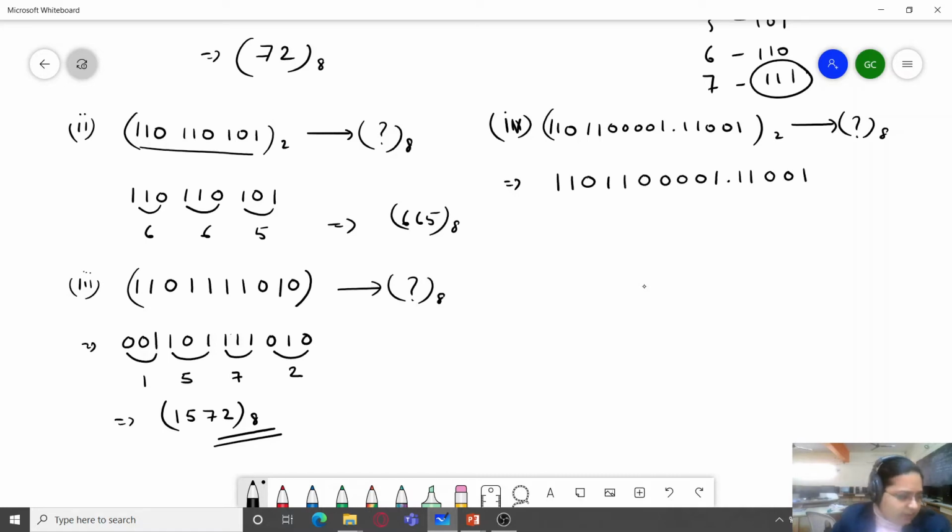And let us start pairing the numbers. Again we have a leading one, so we will add two zeros this side. So this grouping was from right to left. Now because we have a decimal point here, the grouping for the decimal part would be from left to right. So this is how we group them.